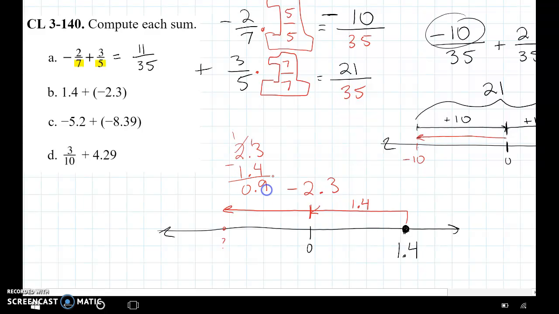That is 9/10 remaining. So I need to go another 9/10 this direction. That would get me a total of 2 3/10 to the left. So where do I end up? If I was at 0 and then I went 9/10 more, hey, I'm at negative 9/10. So negative 9/10 is our answer for B.